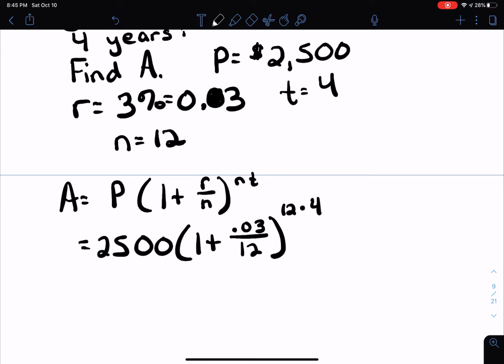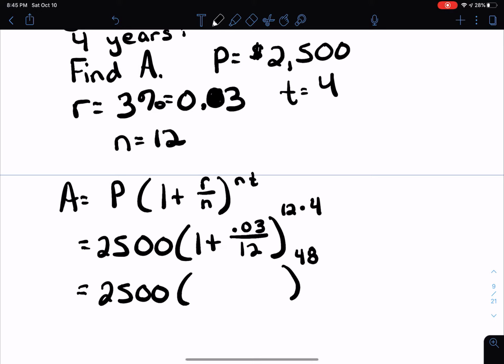Okay, so principal is $2,500, 1 plus 0.03 over 12 raised to the 12 times 4. All right, we do have to follow order of operations, so we have to be really careful here. I need to do the parentheses first. Honestly, that little exponent, 12 times 4, we can go ahead and multiply that and say 48.